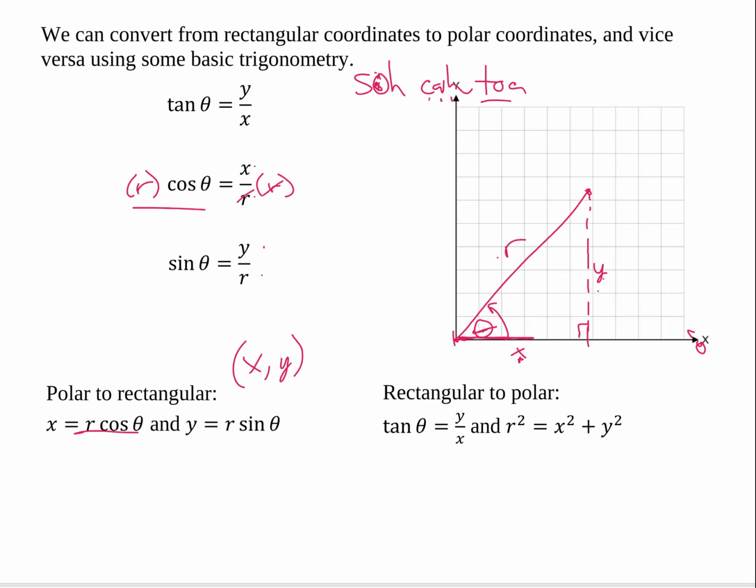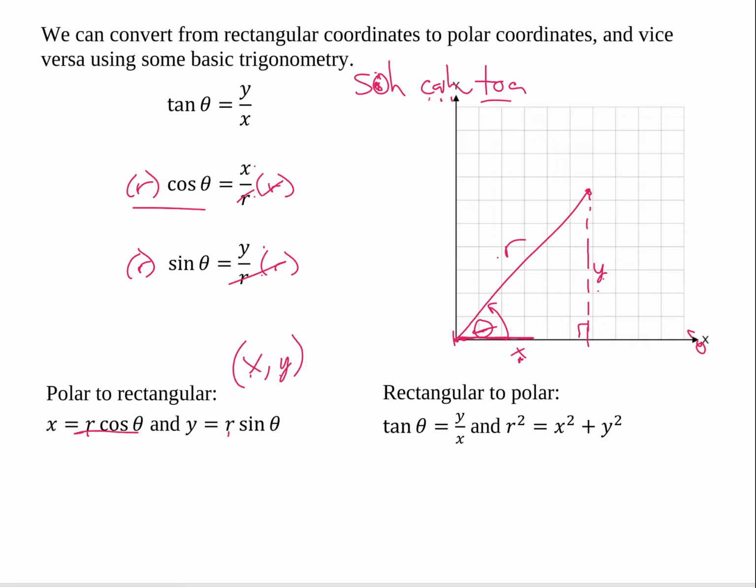And the same thing comes from y equals r sine theta: multiply both sides by r, and you wind up with y equals r sine theta. All you have to do is know the angle and the radius, and you can use these two formulas to get your x and your y coordinates for the ordered pair in rectangular coordinates.